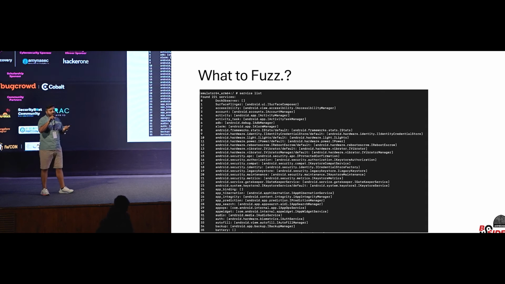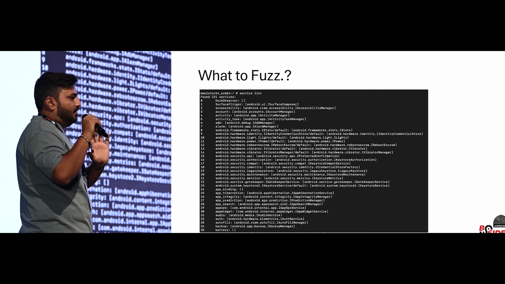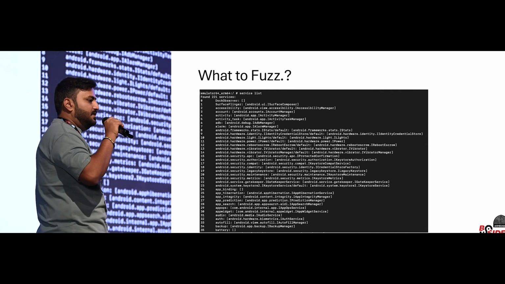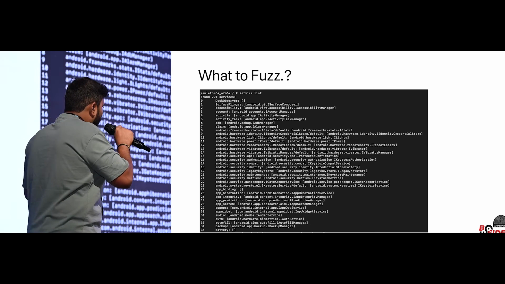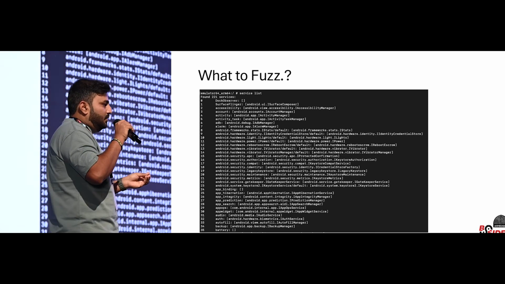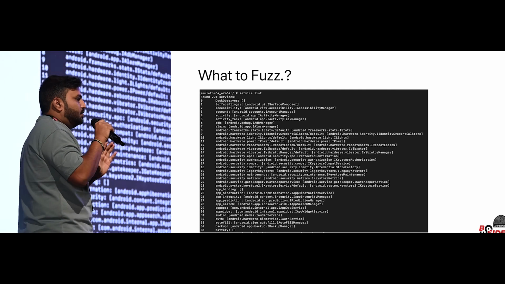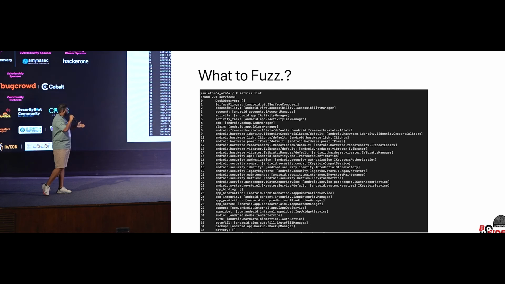When you talk about custom devices, Samsung's, OnePlus, or Huawei's, which have some off-the-shelf features, they'll have some self-implemented services which could be interesting to look at, and those would be the services which you would like to target. So when you list down the services, you have a list of all the services available. Pick whatever service you want, and you can just start fuzzing it.